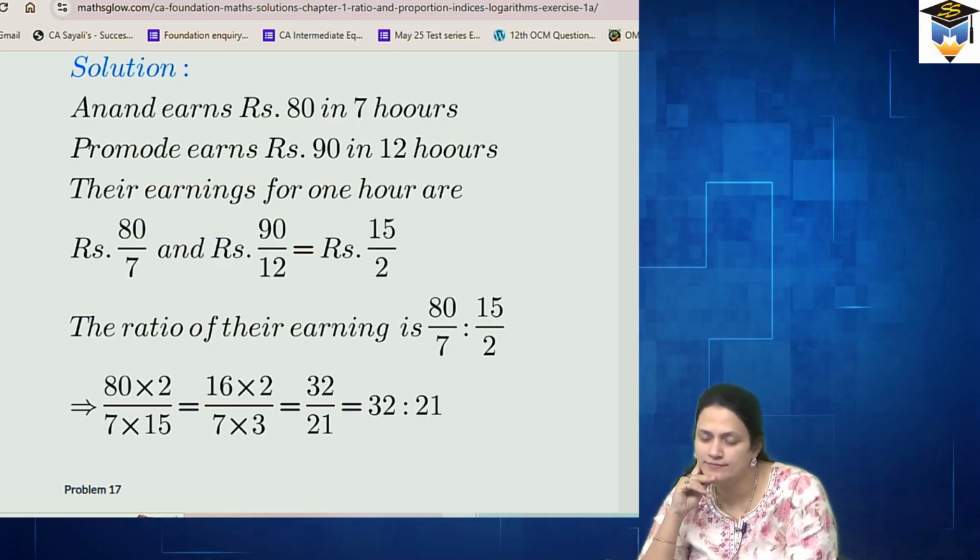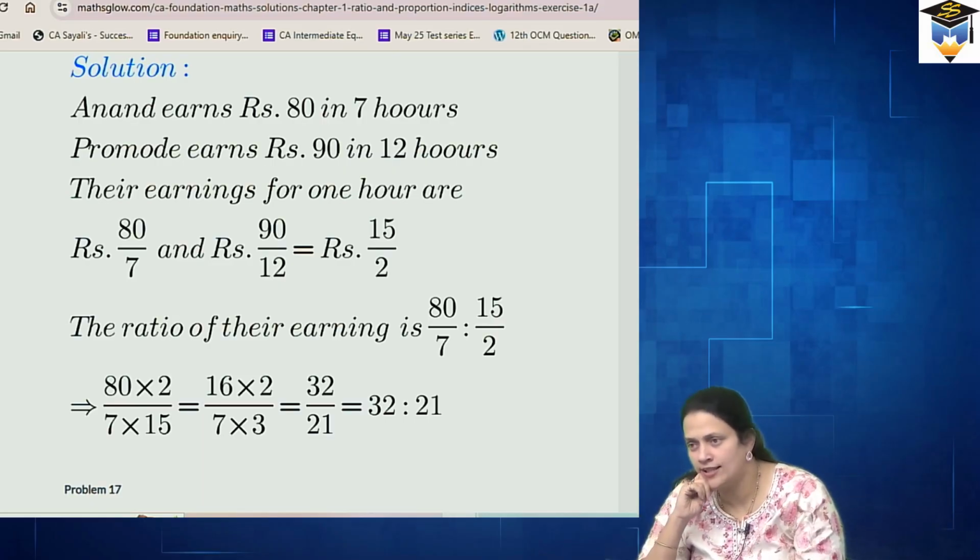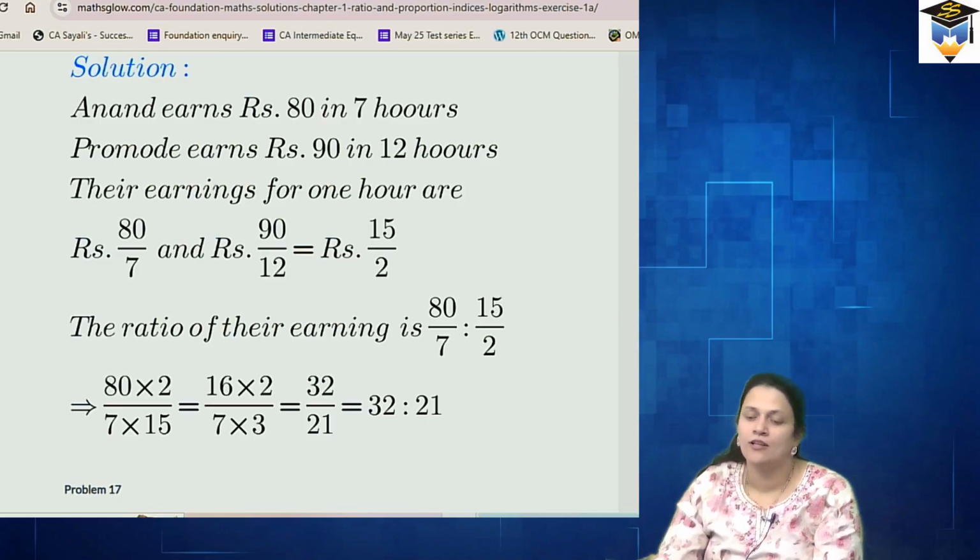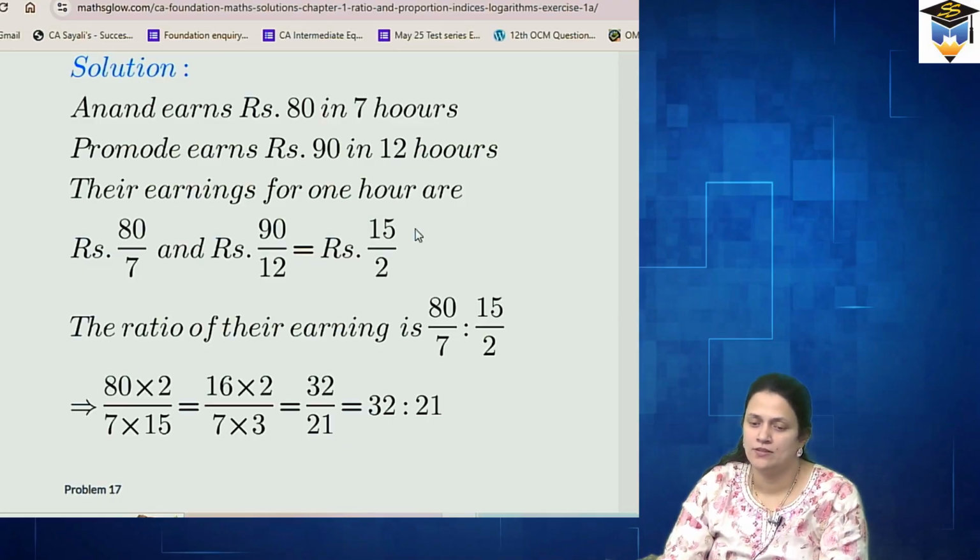Please check. You have converted to decimal. They have kept it as a fraction only, and then they have taken a ratio. Both answers are going to be correct.